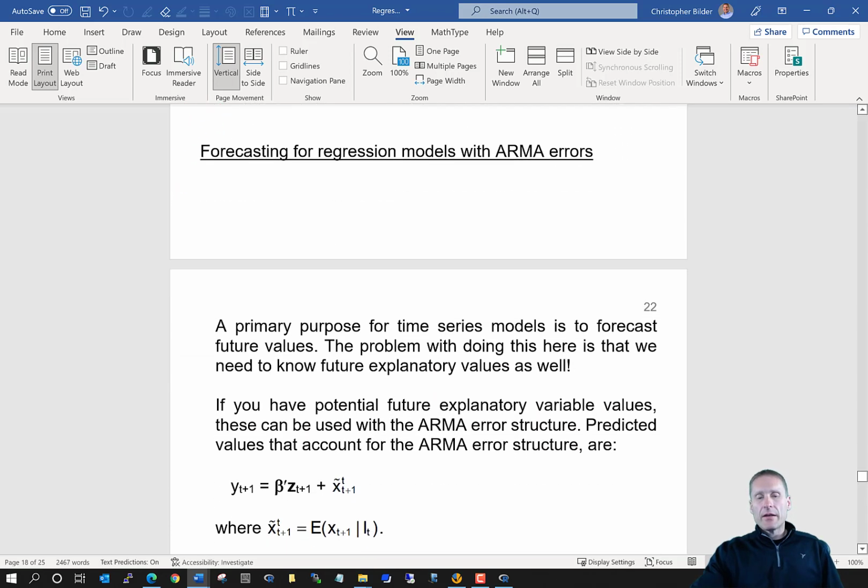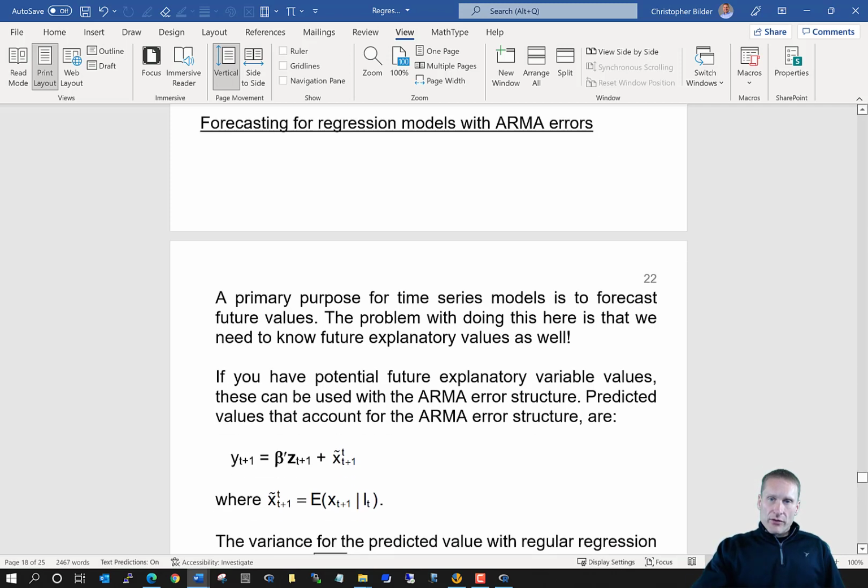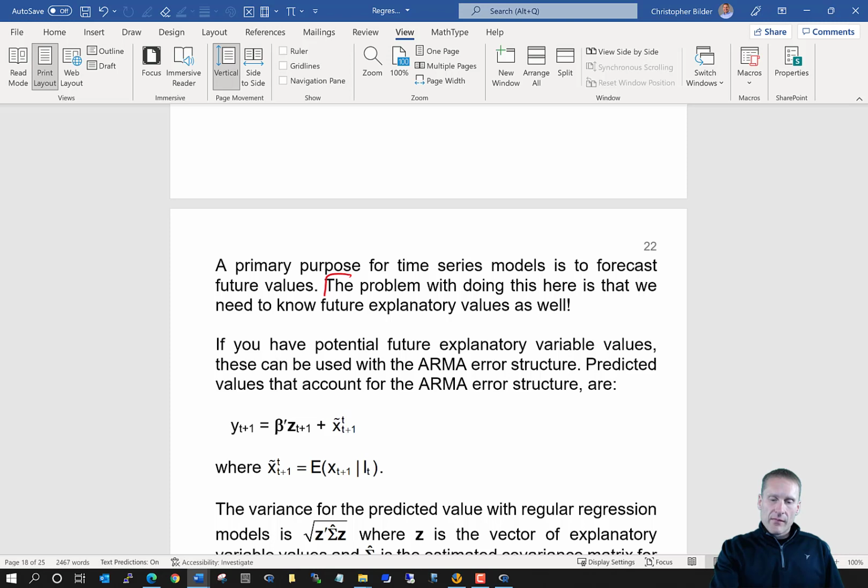One of the main purposes of time series analysis is to be able to forecast the future. How does one do that in this particular situation? Well, there's a problem. In order to forecast future values for, let's say, m sub t, we need to know what future temperature values are going to be.